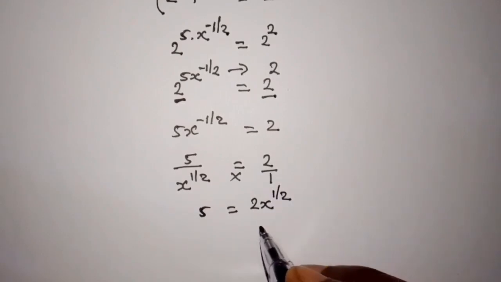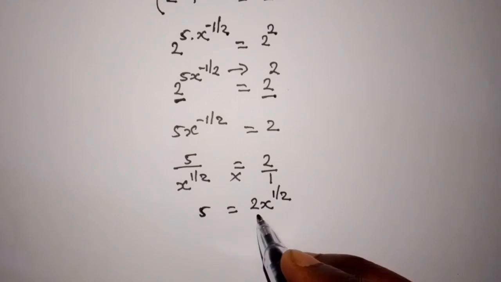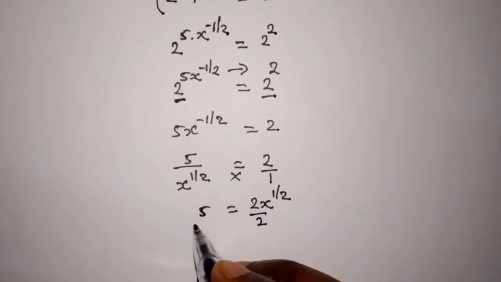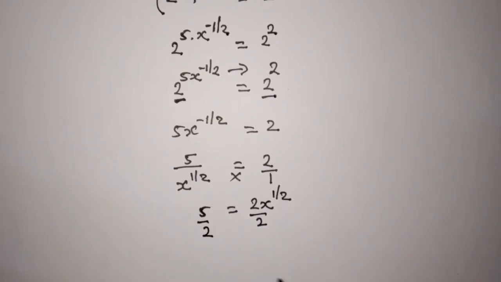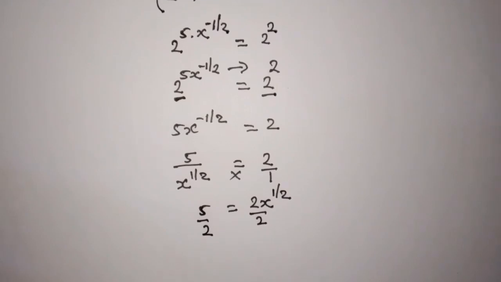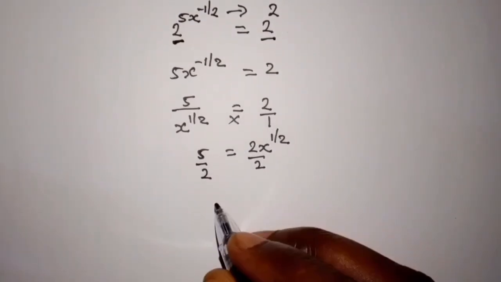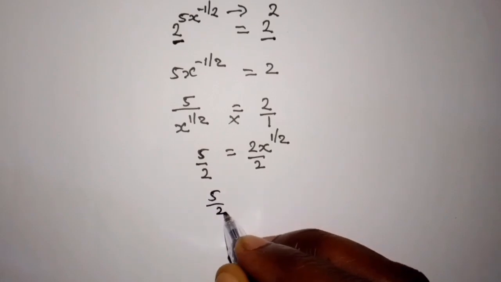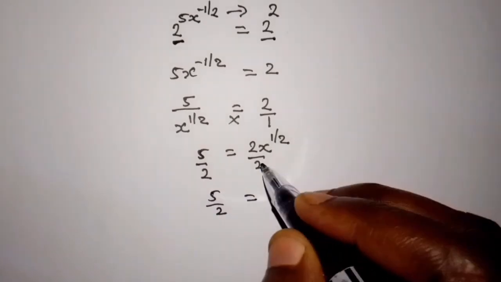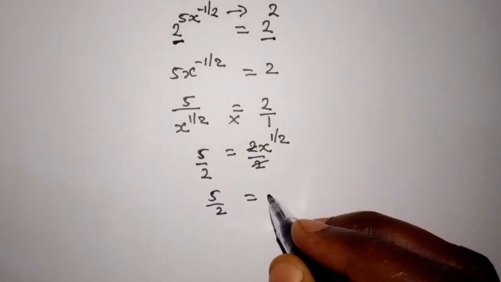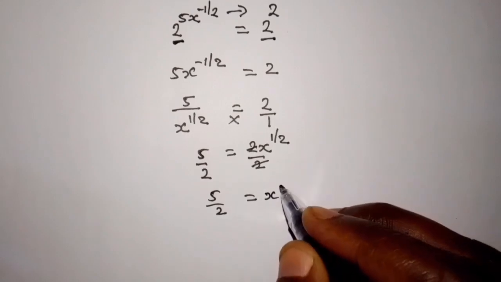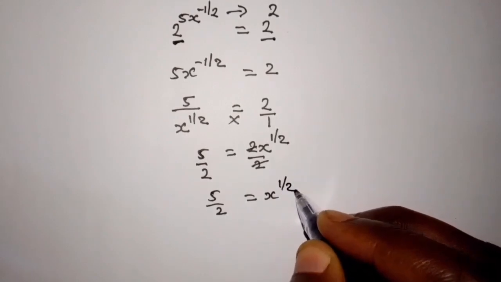We can divide both sides by 2. 5 over 2 is equal to, cancel 2, x power 1 over 2.